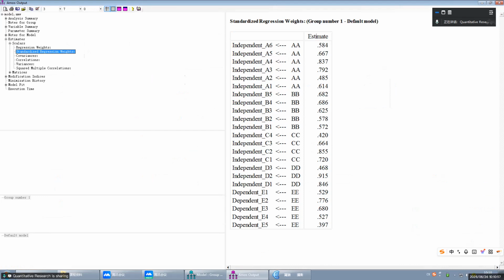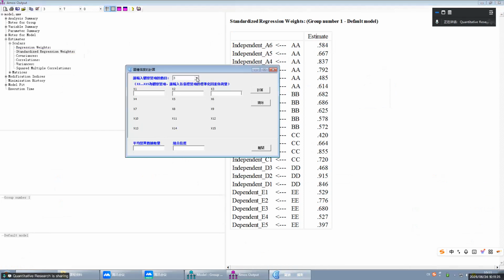The first thing, we need to find the factor loadings. What's the next? The next is we have to input these factor loadings in this calculator. So we have 6 indicators, so we choose 6.